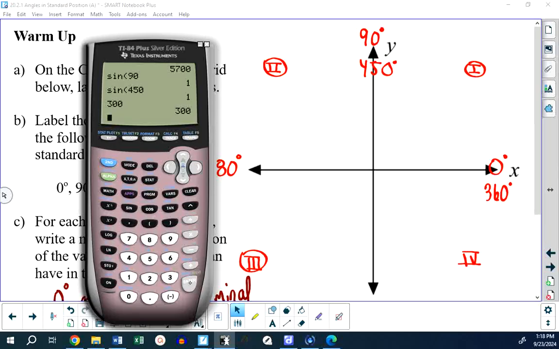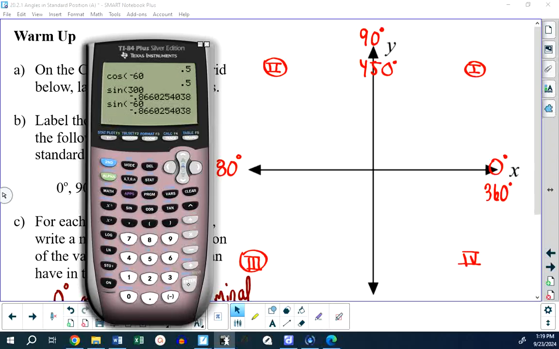Two different angles, they are different, but they're coterminal. If I take, say, the cosine of 300, I get that. If I take the cosine of negative 60, I get the same number. If I take the sine of 300, I get this number. If I take the sine of negative 60, I get the same number.